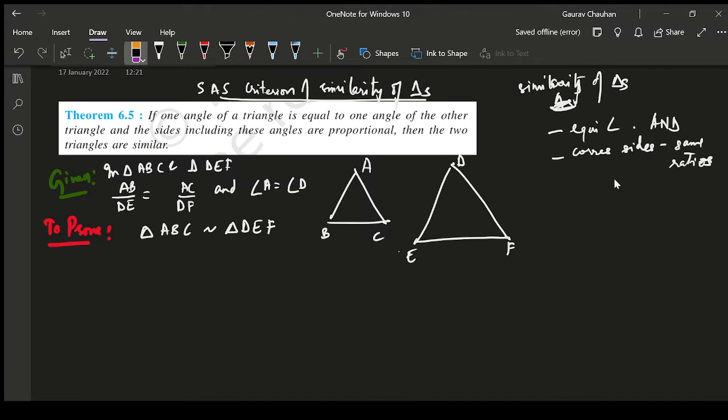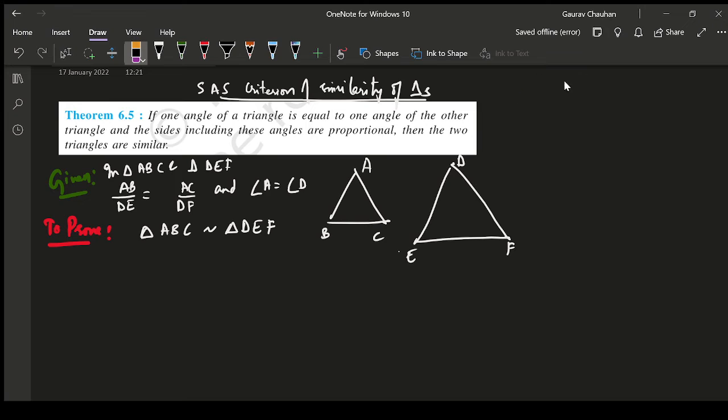It's not like we have to not use these two criteria at all and we have to go back to the definition of similarity of polygons and try to show all angles and all sides in proportion. But that's not the case. We can use AAA now, or AA, because AAA and AA are essentially the same, as seen earlier. If we have two angles correspondingly equal, the third will also be equal because of the angle sum property of a triangle. Okay, we've seen this before.